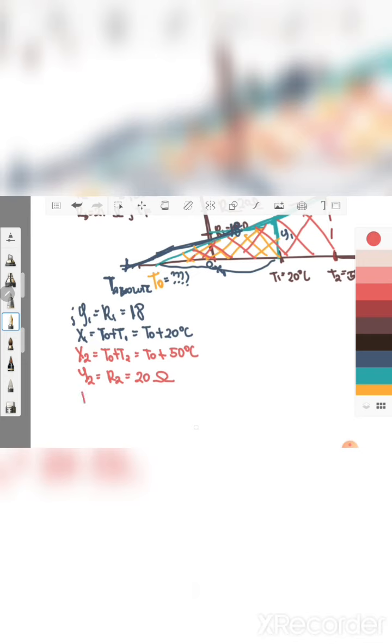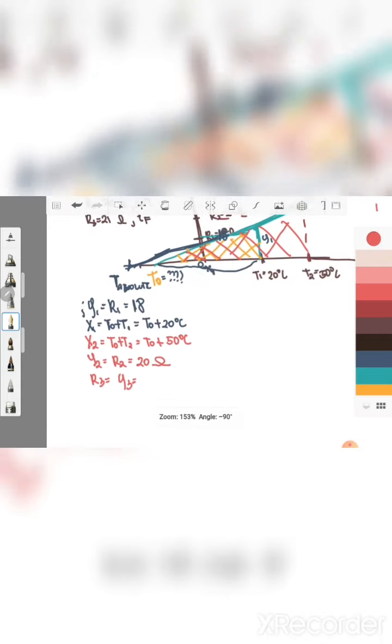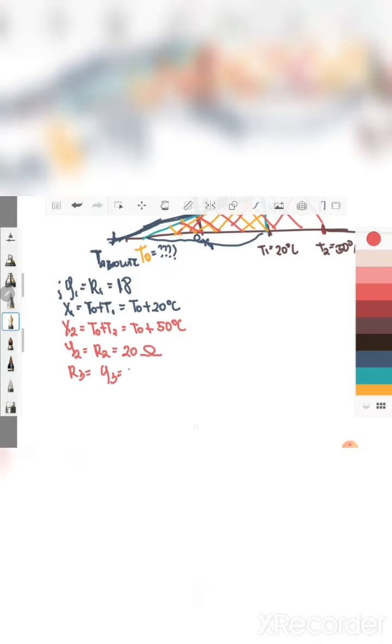Your R3 is equal to your Y3, which is equal to our 21 ohms. And our T3 is unknown. But we all know that our X3 is equal to TO plus T3. So, dalawang unknown dito sa X3.